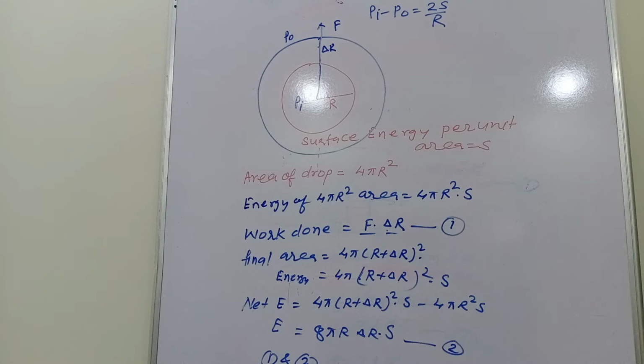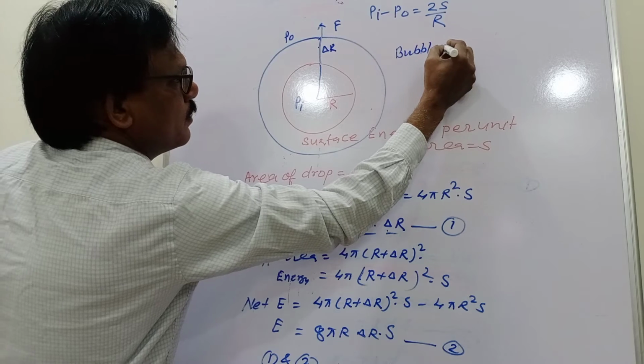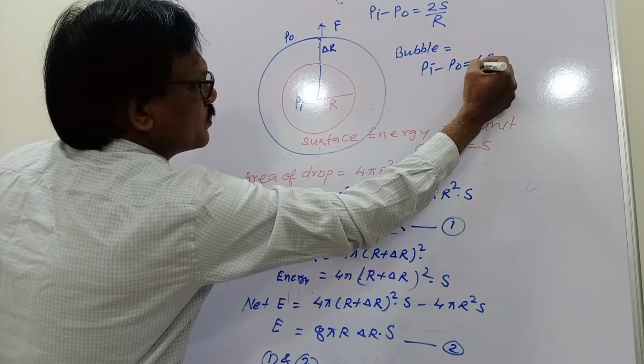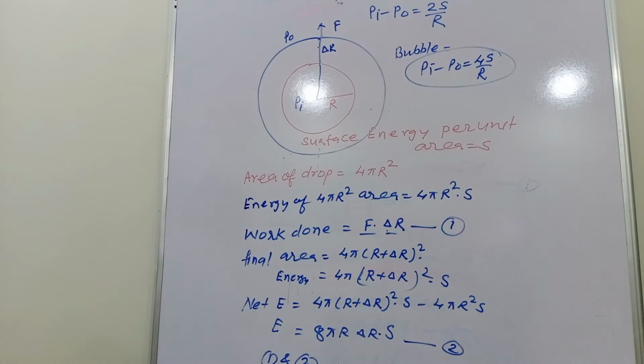And if, instead of a drop, we take a bubble, then inside a bubble Pi minus P0 is equal to 4S by R, because the bubble has two surfaces, one inside and one outside.